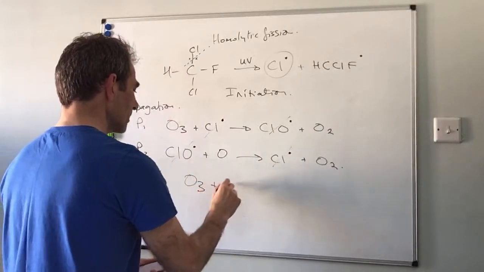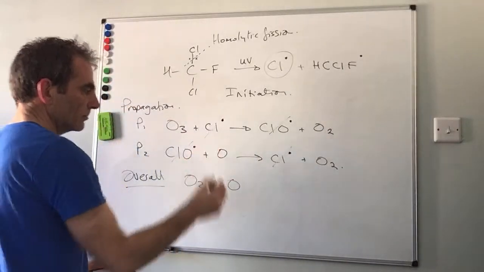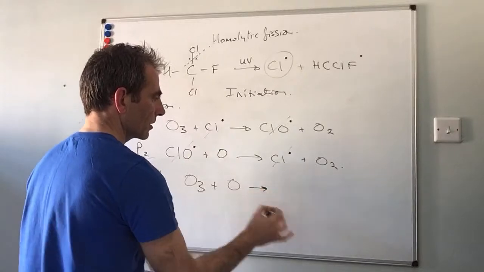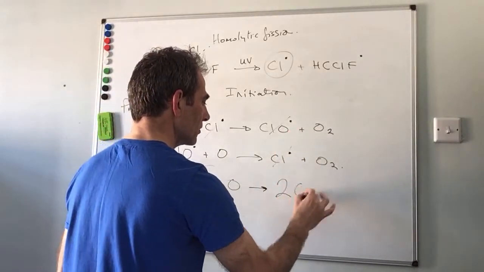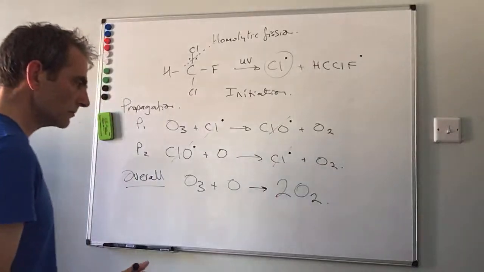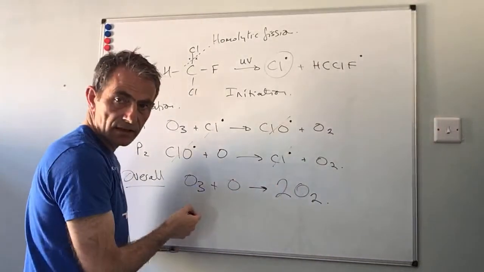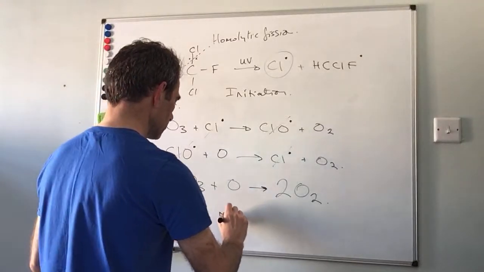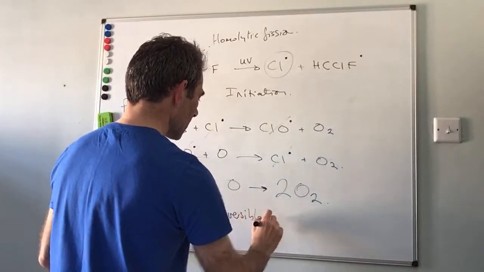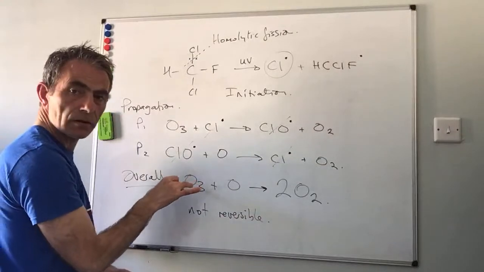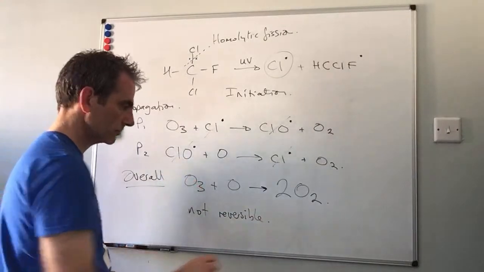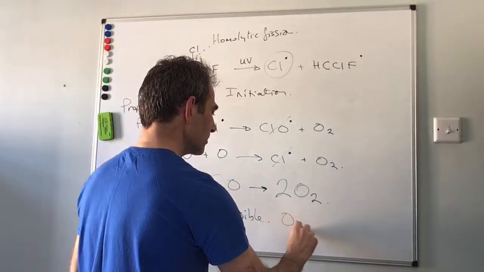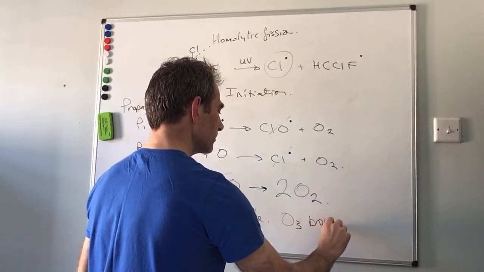O3 is combining with an O atom in the atmosphere, and it's forming 2 O2 molecules. And the bad thing about this is it's not reversible, and basically the ozone is being broken down. So ozone broken down.